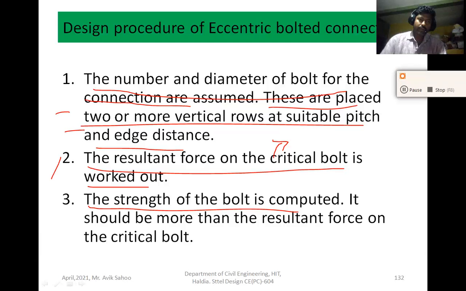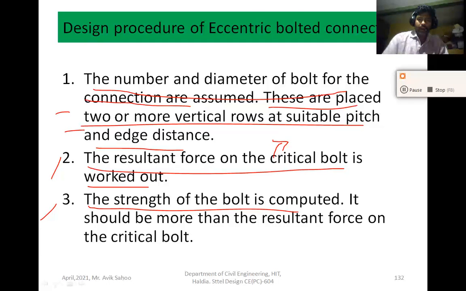Step 2, step 3 is to find out the design strength of the bolt. You find out the shearing capacity of the bolt, bearing capacity of the bolt, then tensile capacity of the plate, and the minimum one is the strength of the bolt, or design strength of the bolt.